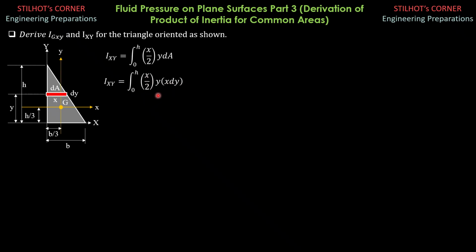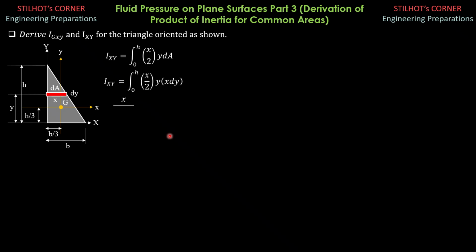By the way, the variable of integration is y, represented by the differential of the integrand. So we must express x in terms of y by similar triangles or by geometric relations. If this is x, this height here is h minus y. This is h minus y, and it is also equal to the ratio b as to h.